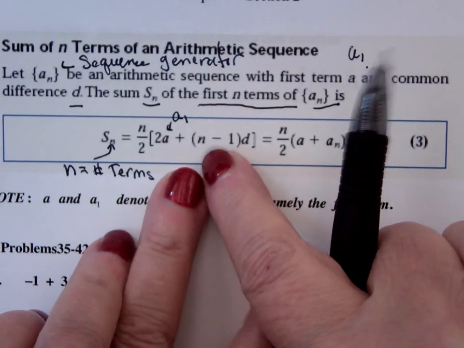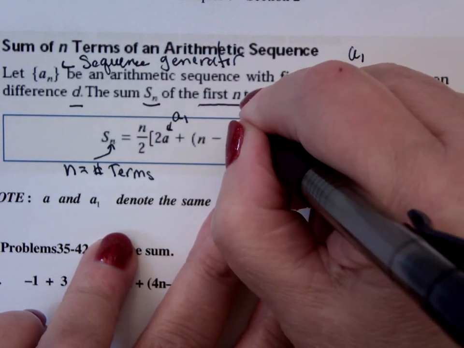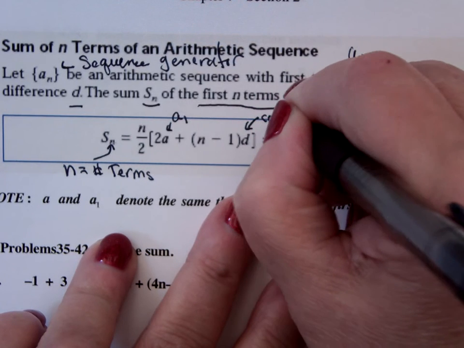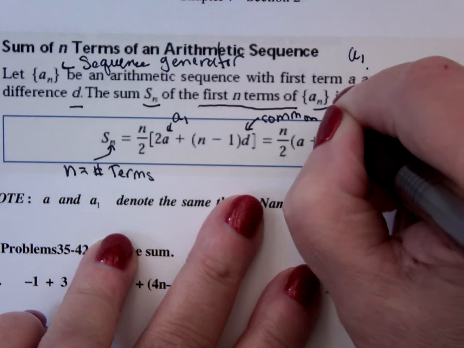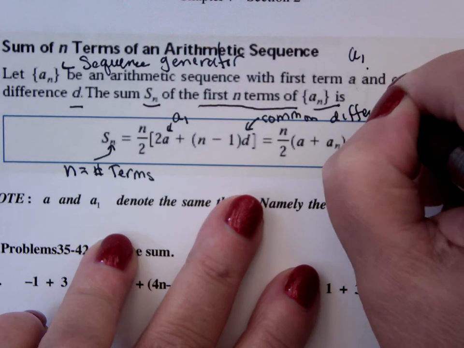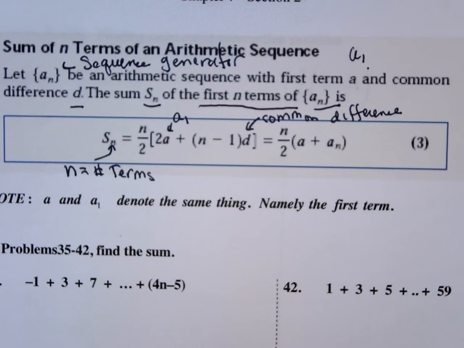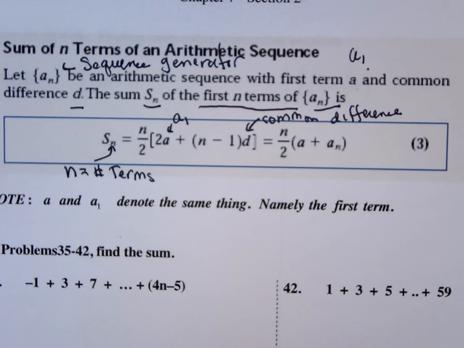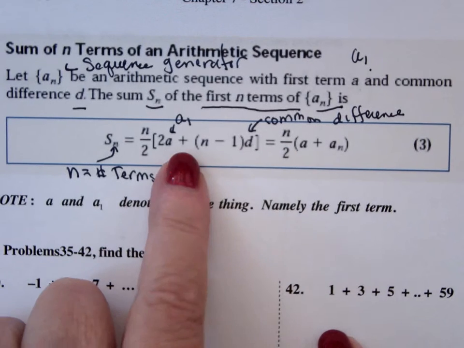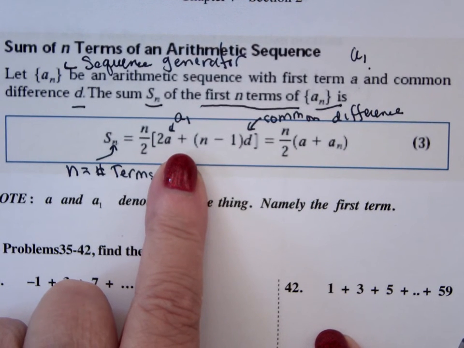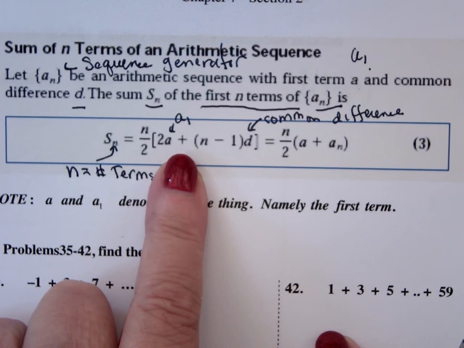There's the number of terms, and there's the common difference. That says if I know what the first term is, and I know what the common difference is, and I know the number of terms I'm adding up, I could use this guy. Because that's the thing I need to fill in.